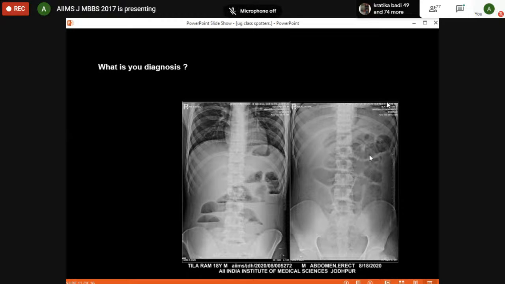Later on pneumoperitoneum is a definitive sign. So this is basically small bowel obstruction. You can see multiple air fluid levels, and as someone said it right, step ladder pattern.